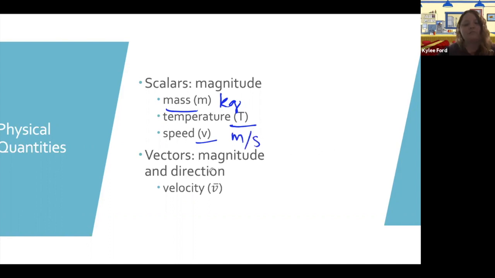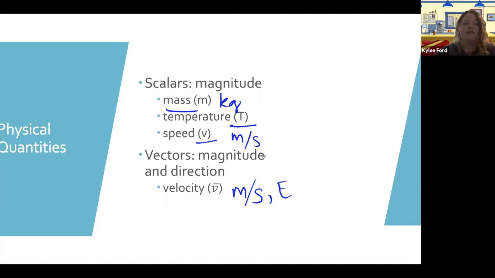Now with vectors, vectors have that same magnitude, but now they have a direction as well. The main one that we're going to be looking at is velocity. The difference between velocity and speed is that velocity has a direction. So we not only have our previous units, meters per second, but now we also have a direction, say east.